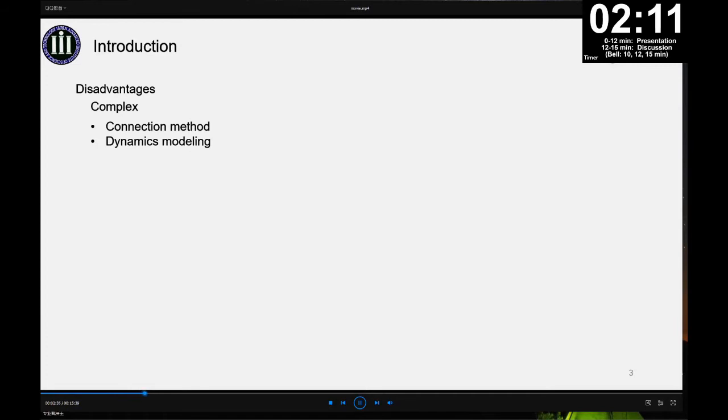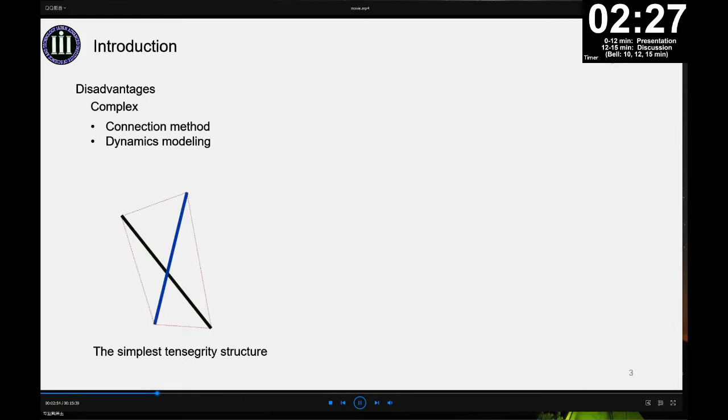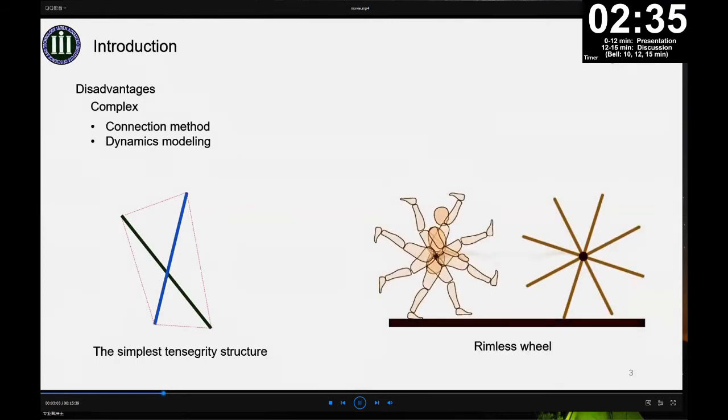So, our research focuses on this problem. For complex connection, we use the idea of splitting the complex problem into multiple simple problems to find the simplest model that can be split out. Second, for the dynamics modeling of the Tensegrity robot, we are inspired by the rimless wheel, which is widely used as one of the basic models of robot walking.